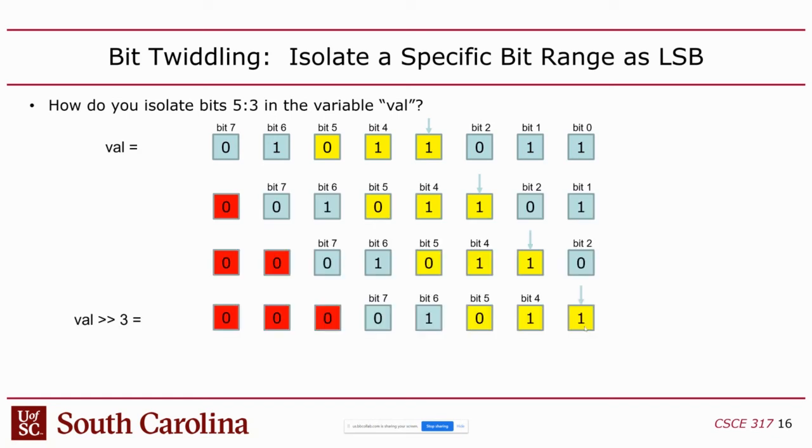Well, again, I can shift 3 bits to the right. I might say, well, why 3 and not 5? Well, you want the original bit 3 to end up in bit 0, and you want the original bit 5 to end up in bit 2. That way, the original bits 5 down to 3 should be right justified in bits 2 down to 0, and all the other bits should be zeroed out.